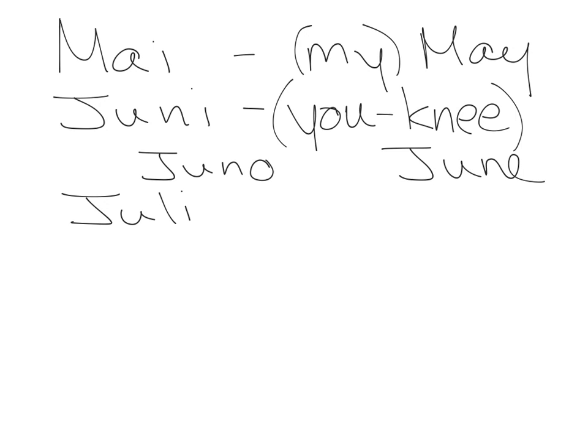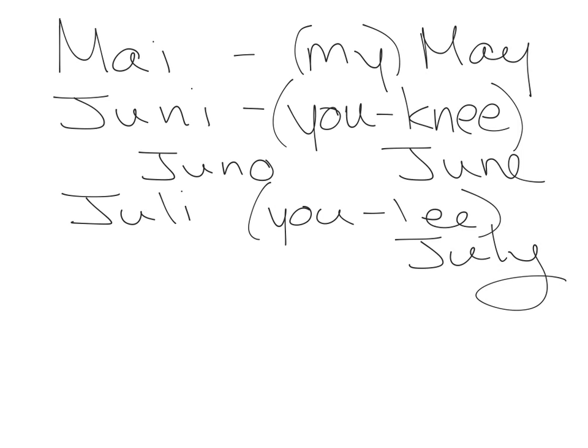Have we talked about the two and three? Zwei and drei. Okay, I'll explain that in a second. So Juli is July. The reason is because on a loudspeaker or over the phone, they sound so similar. So to differentiate, they'll call June Juno sometimes, so that it doesn't sound like Juli.